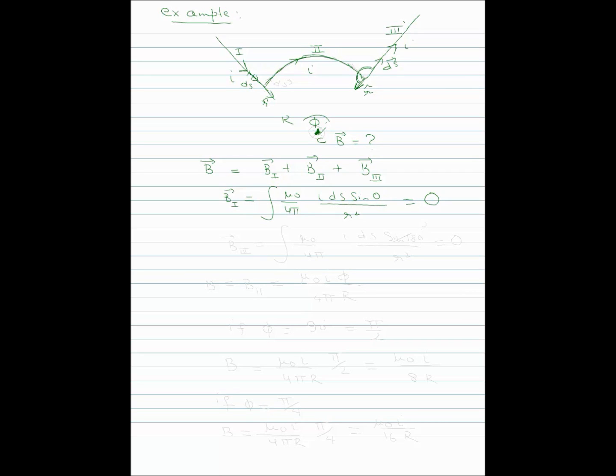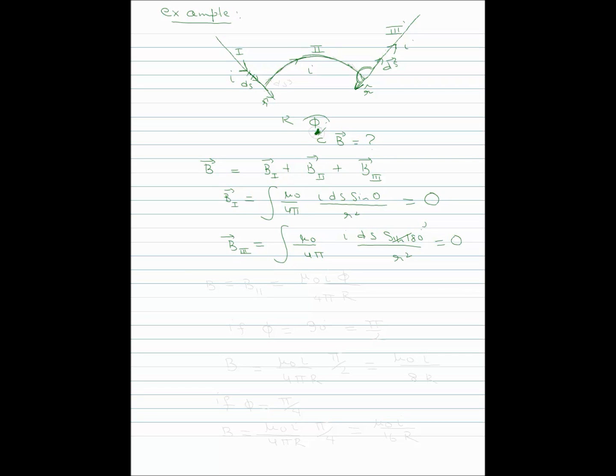So again, B due to part 3 will be this integral of mu 0 over 4 pi, I ds sine 180 degrees over r squared. But sine 180 degrees is also 0, so this whole contribution is 0. So really these two parts don't contribute at all to the magnetic field at this point, because ds and r hat point in the same direction, or they point at 180 degrees to each other.